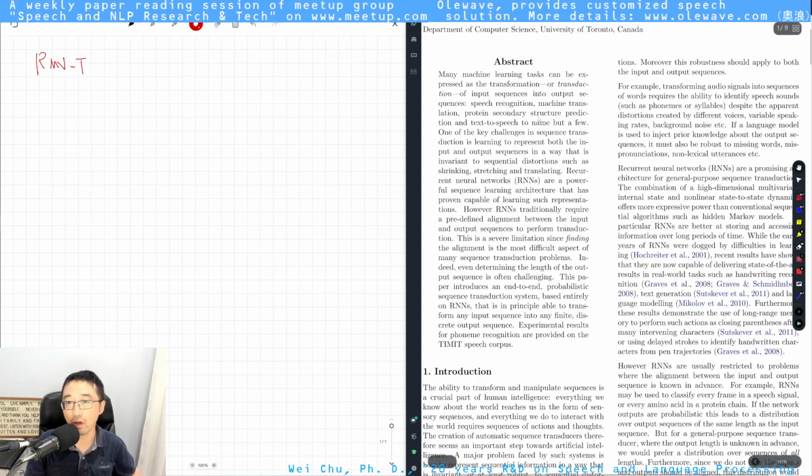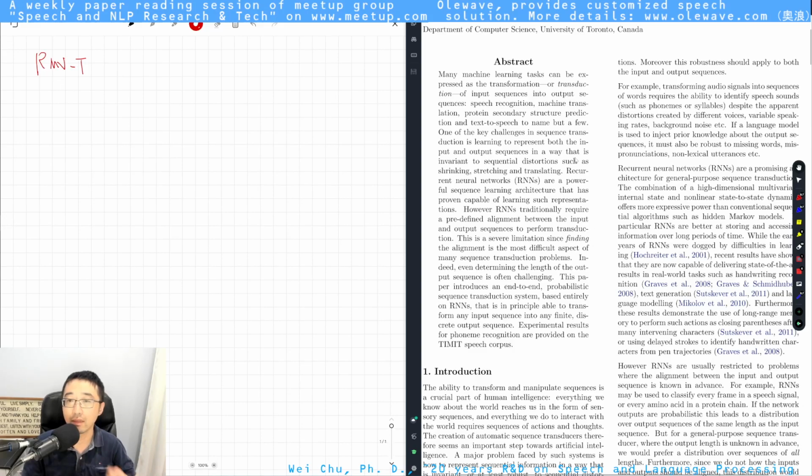He's talking about transformation, and he referred to this as transduction. In the rest of his paper, it's about how to transform the input sequence to an output sequence, which includes speech recognition, machine translation, something I don't know, which is protein secondary structure prediction, and text-to-speech.